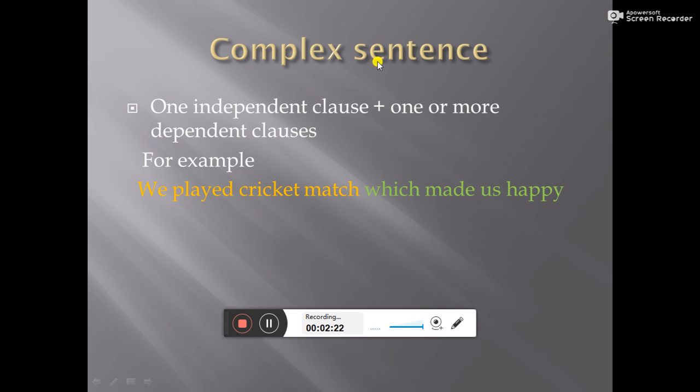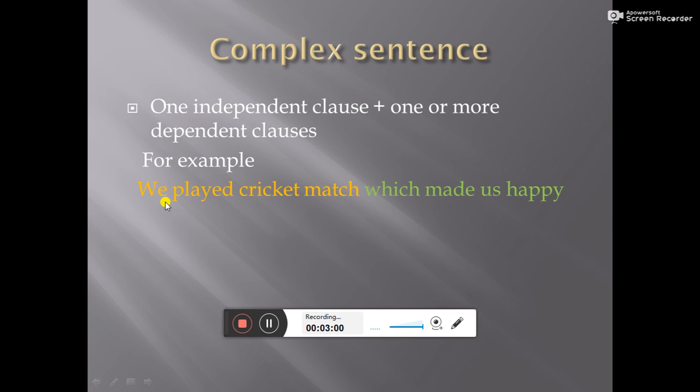One independent clause means not more than one, whereas dependent clauses can be more than one. It depends upon the requirement of the sentence. It could be one, two, or three, depending upon the idea to be expressed. But this limit cannot change: one independent clause can never rise to two. Only one independent clause will be in a complex sentence.